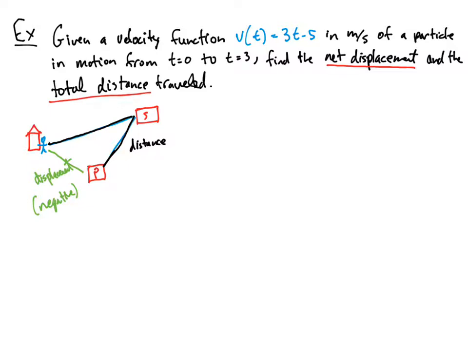question. So since we're given a velocity function, v of t, we know that v of t is the derivative of a position function. We could call that s of t, or maybe d of t here. So we know that the derivative of the distance function is going to give us the velocity function.